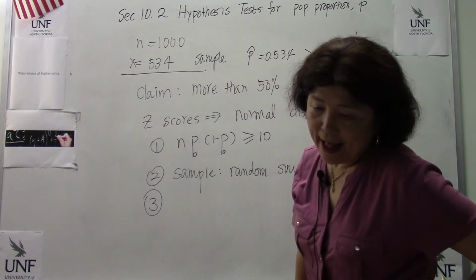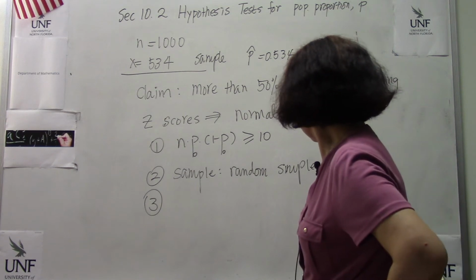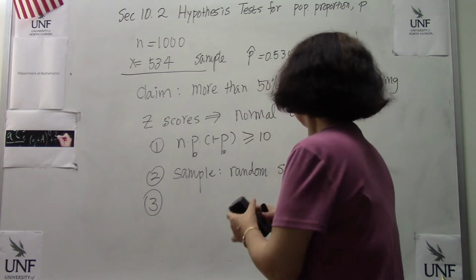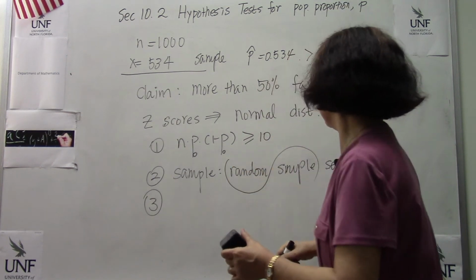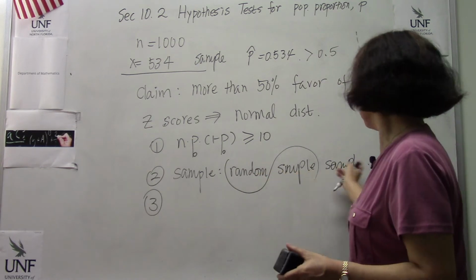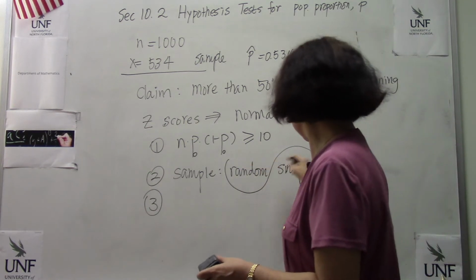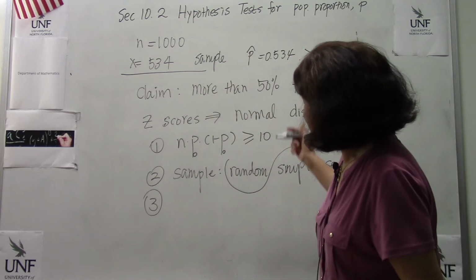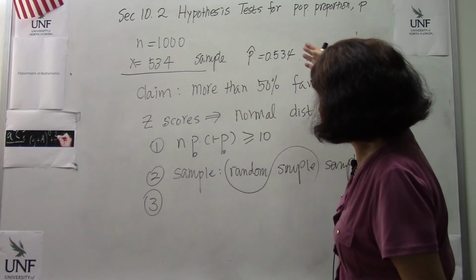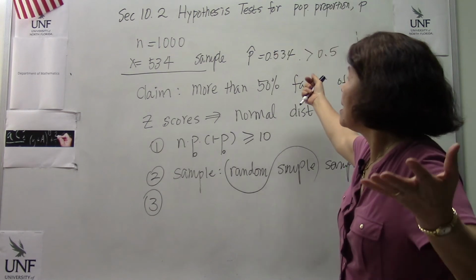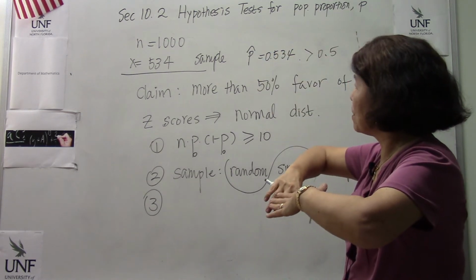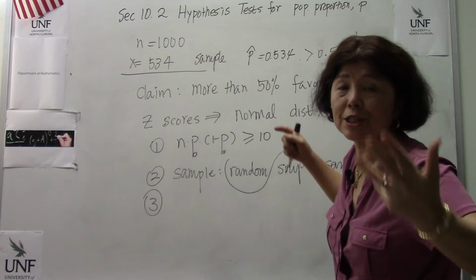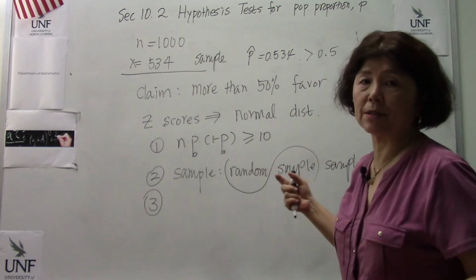The other one is maybe simple random. That sounds a little better than random simple random sample. The third case is that we must understand these people are independent. In other words, one person's opinion does not affect the other person's opinion.